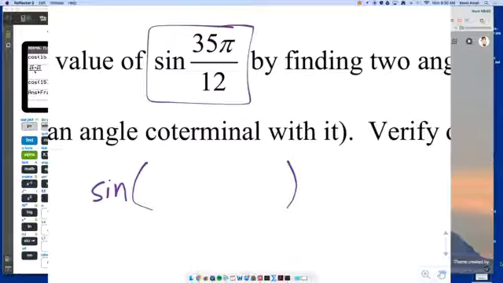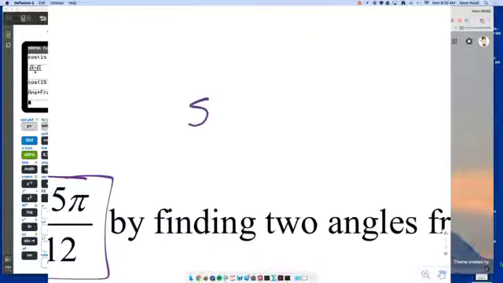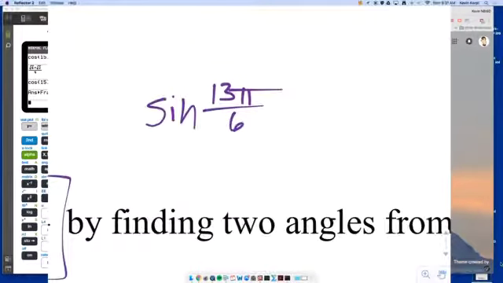It can, but then you're going to have to use coterminal angles. Once you get it down to a single trig function, you're going to have to then subtract out a full rotation. Okay, so in other words, like if you have sine of, let's say, 13 pi 6. 13 pi 6 is not a unit circle angle, but it's coterminal with 1. So if you subtract out a full rotation, subtract out a 2 pi, you're going to get pi 6.